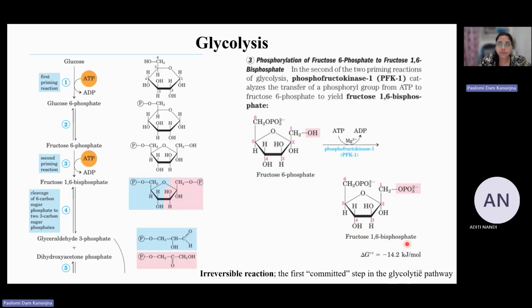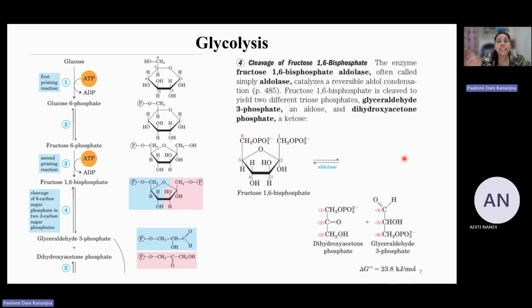And it's the first of those. So you have the third step, which is fructose 1,6-bisphosphate generation. Now, what is the fourth step? Your fourth step is this here. It's basically cleaving the fructose 1,6-bisphosphate. So the structure is broken down into two further compounds, which are dihydroxyacetone phosphate and glyceraldehyde 3-phosphate.